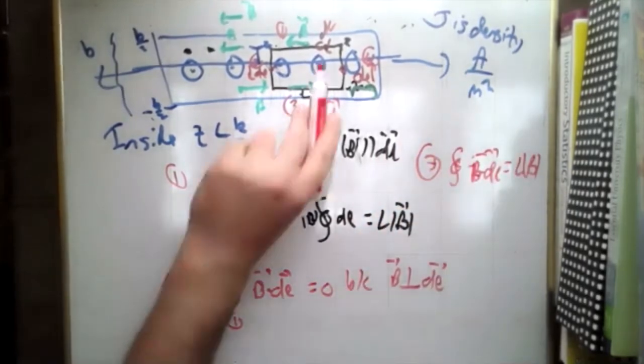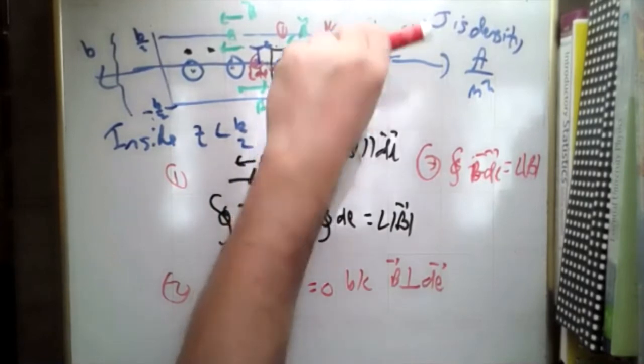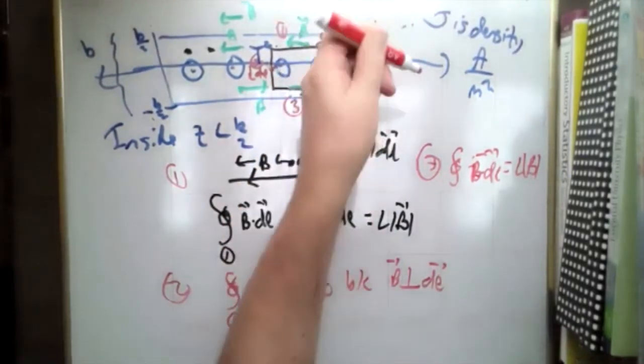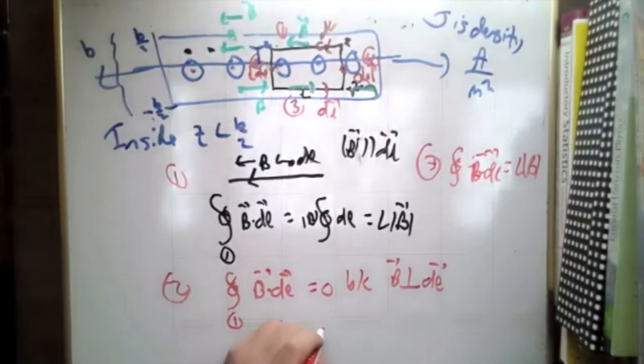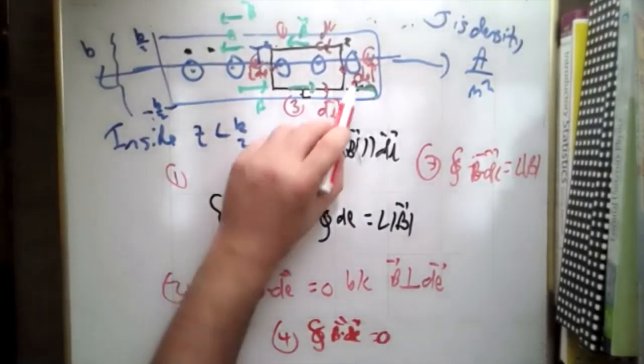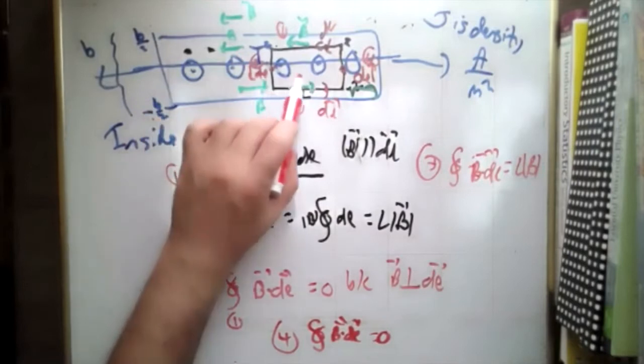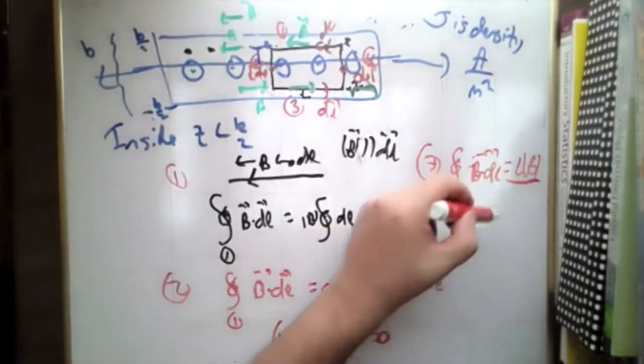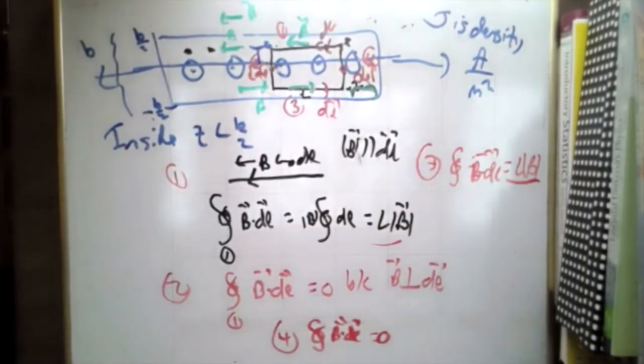And then on segment 4, DL points up, but B is always perpendicular to that. So on 4, we get 0. So going all the way around the loop, adding all of those up, we get 2LB.